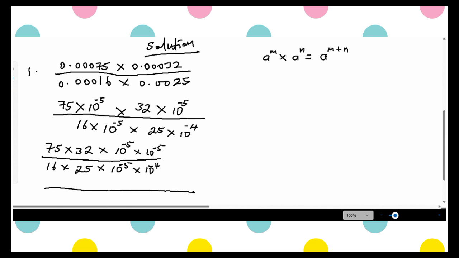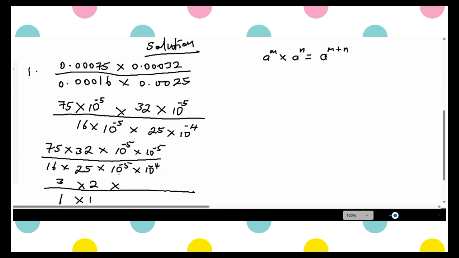Okay, so because of that, we're going to simplify the 75 to 3, and then the 25 will go into itself 1, then times 16 will go into itself 1, and then it will go into the 32 two times, then times 10 raised to the power minus 5 times 10 raised to the power minus 5.